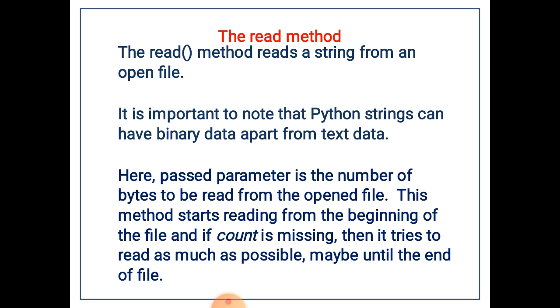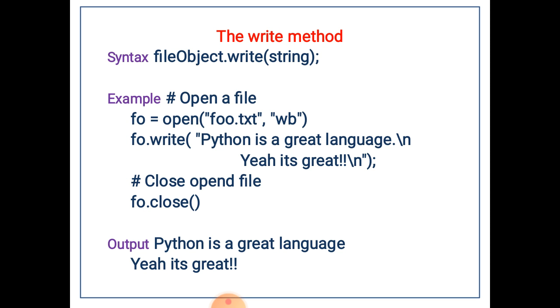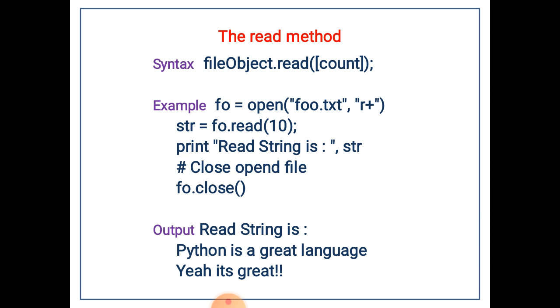We'll be knowing about this read method in the example. So you can see there, file object dot read, count is there here, but when you see the write method, only string was given as the input. But in the read method, count is being given there.